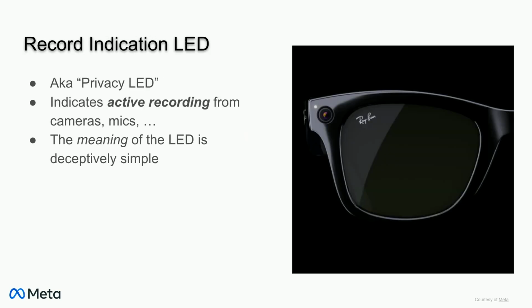The second is the record indication LED. This LED indicates to users and bystanders when cameras or microphones or other sensors are actively recording. Now, the color of this LED, its blink pattern, and what exactly it's indicating depends upon the device. And as we'll see later, its exact meaning is deceptively simple.